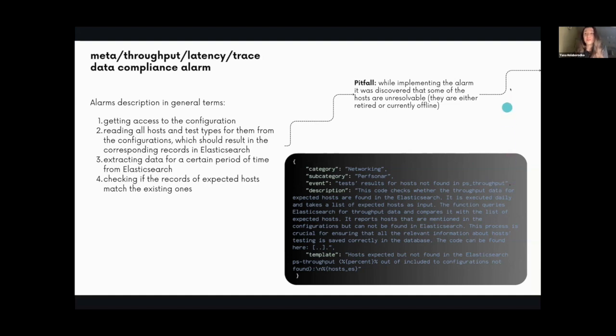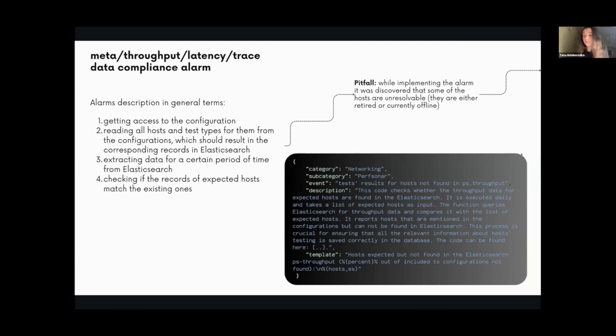And as you can see, I also mentioned here that we had a pitfall, because while developing this alarm, I discovered that some of the hosts do not appear in our Elasticsearch data at all.